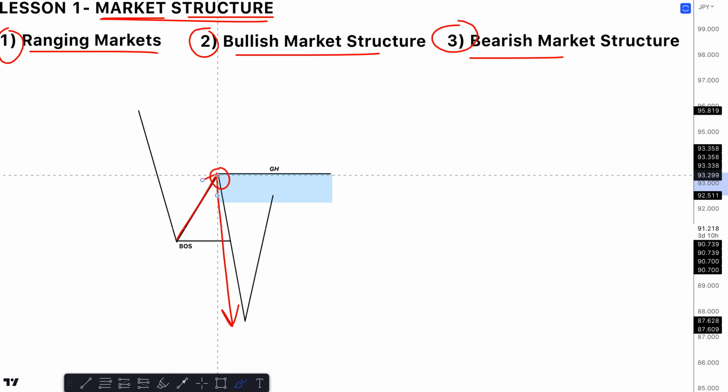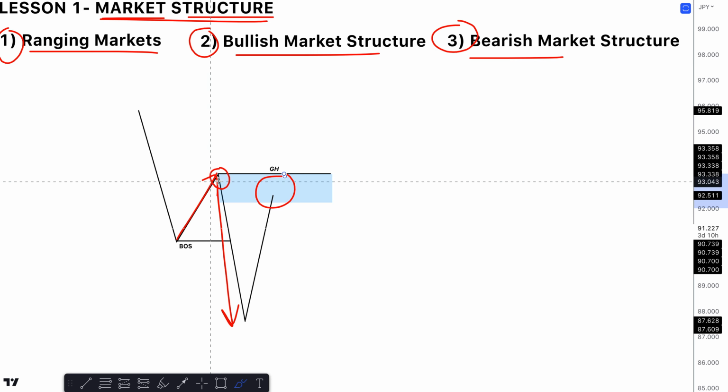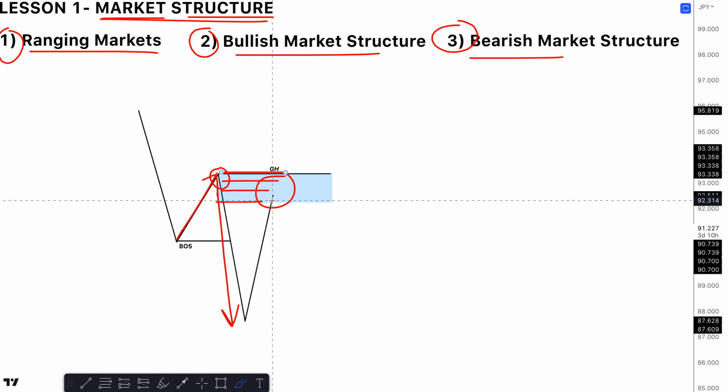They then exited some of these long positions, and that created the liquidity in order to sell strongly into this market. So what you have to imagine is, when price comes back into this area, are the institutions going to exit their further buy positions that they didn't manage to close, and look to close them at break even around here? If they decide to close them, we would then see another leg to the downside.